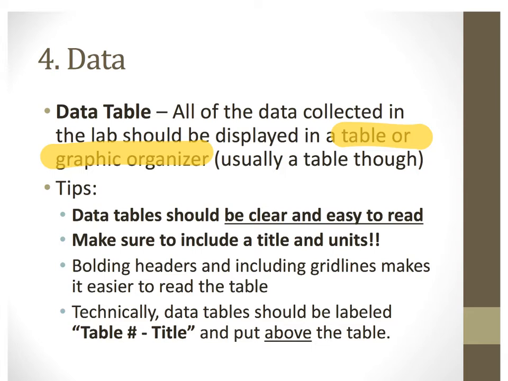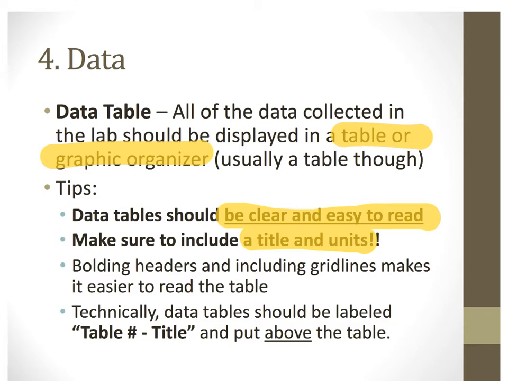The key is to have it be clear and easy to read. So we're going to talk about a lot of different things, but as long as your data table is clear and easy to read and it includes a title and units, all right, the rest of it is really stylistic choices. You have to have units, you have to have a title, it has to be clear and easy to read, but how you actually go about making a clear and easy to read data table could vary. This obviously is a little bit of a judgment call.